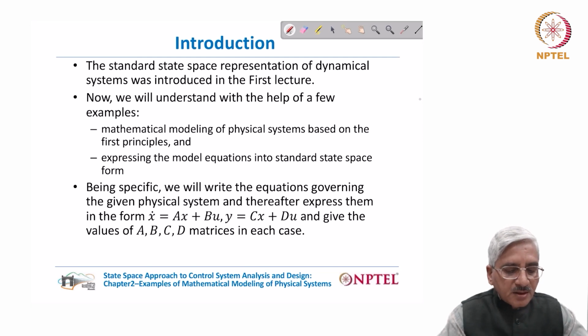So we call them mathematical modeling based on the first principles. That is different from the empirical methods of mathematical modeling, which is altogether a different topic in systems identification.